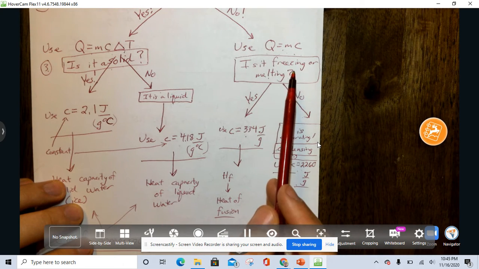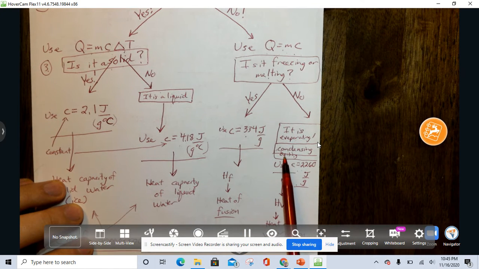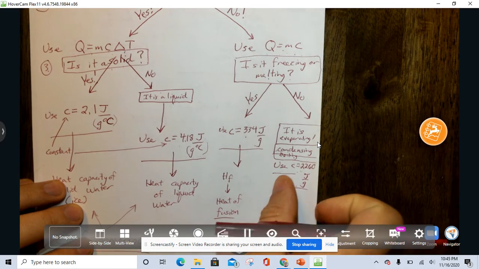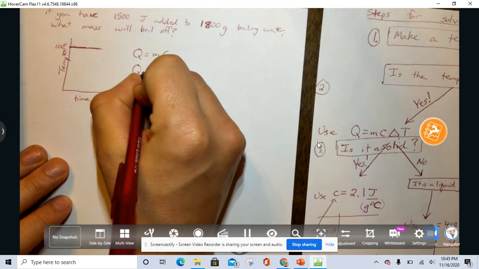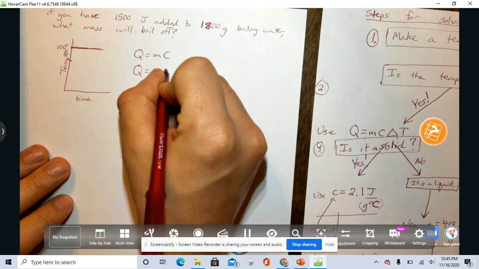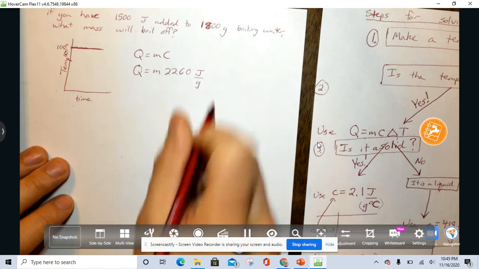I asked the question, is it freezing or melting? No. So it's got to be evaporating, condensing, or boiling. Look at that. So we're going to use 2260 joules per gram. Q equals M times 2260 joules per gram.